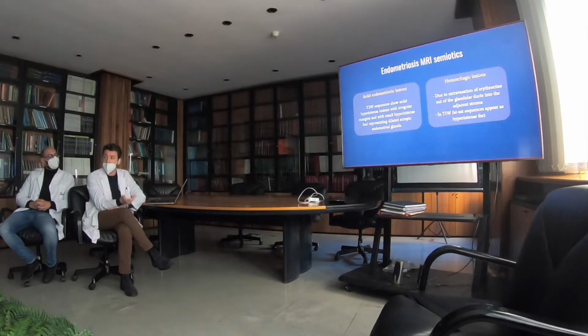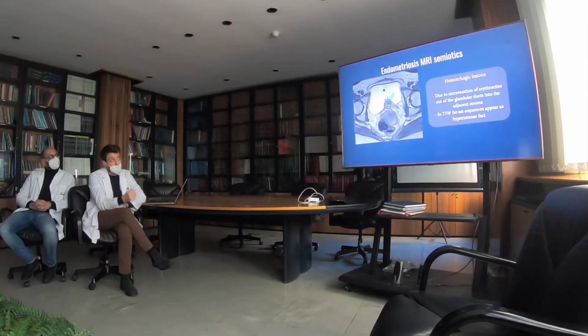The solid endometriotic lesions are visible in T2-weighted sequence as solid hypointense lesions with irregular margins, with small hyperintense spots that represent dilated ectopic endometrial glands. And here we can see a case of a solid lesion that imprints and infiltrates the posterior wall of the bladder.